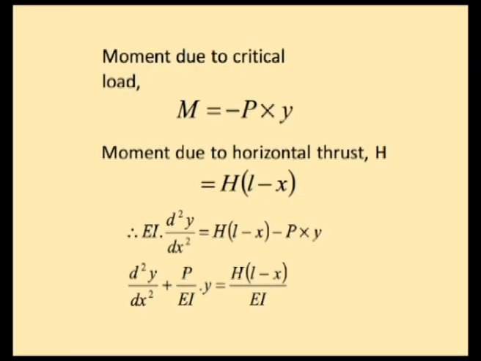Therefore, the bending moment due to critical load P will be minus P into y, and the moment due to horizontal thrust will be H into L minus x. Therefore, E I d squared y by d x squared equals H into L minus x minus P y.